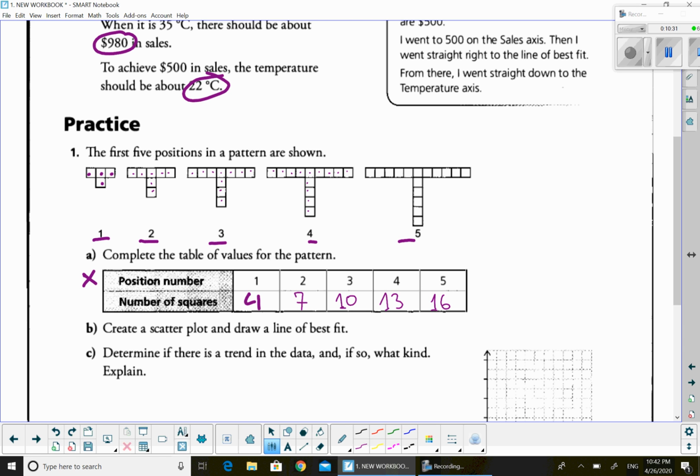So if we count them, 1, 2, 3, 4, 5, 6, 7, 8, 9, 10, 11, 12, 13, 14, 15, 16. There we go. So because this is a linear pattern, it means that we're going to have a straight line. We should see the same number increase for every position, or decrease depending on what kind of question we have. In this case, it's increased by 3 every time.